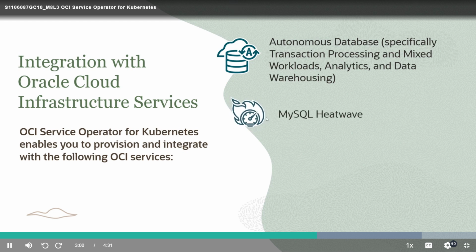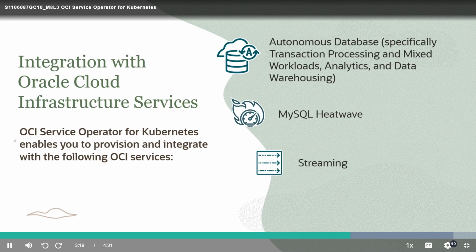The next on the list is MySQL HeatWave, a fully managed database service designed for developing and deploying secure cloud-native applications using widely adopted MySQL open source database. Third on the list is OCI Streaming Service.